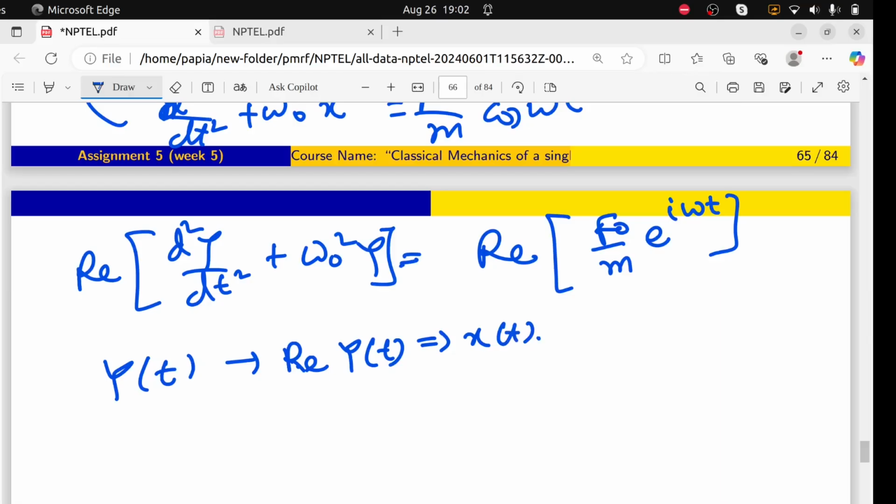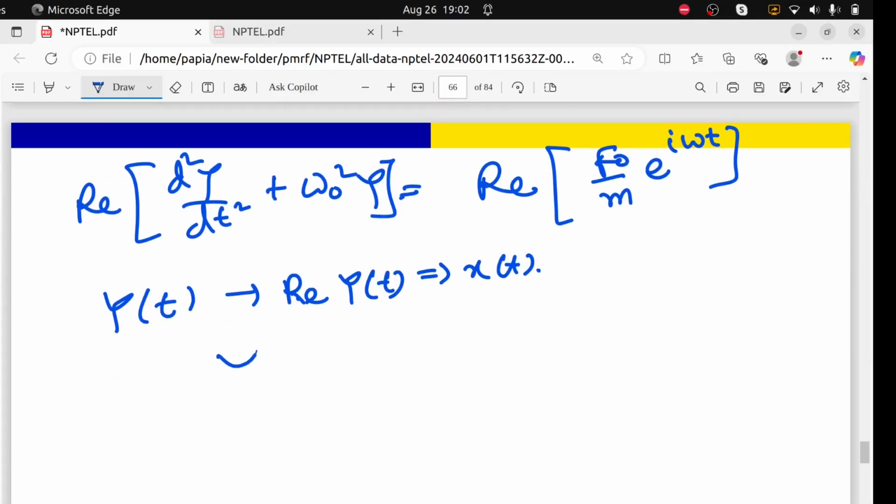But if I write y simply as e to the power i omega t times some constant, then it is not going to work.